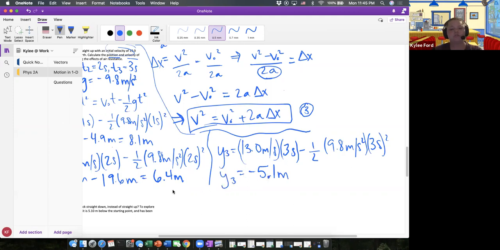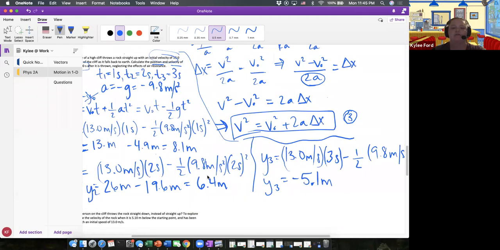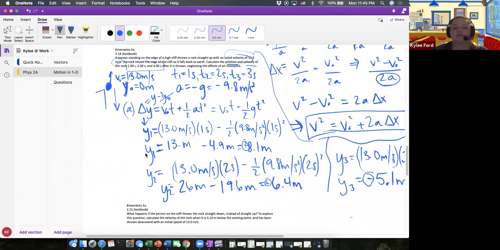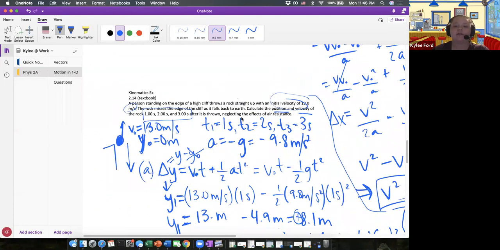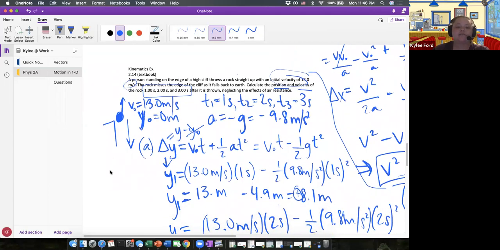So notice one thing right off the bat. We have a positive position, and then we have a negative position. Now this makes sense. If you remember from the problem, it says that the rock was thrown up and then it missed the edge of the cliff, so it will go back down.